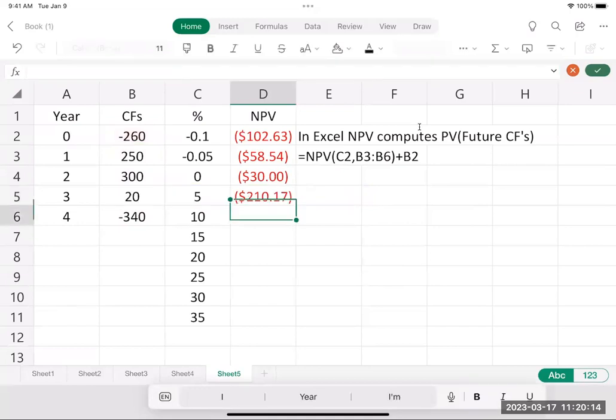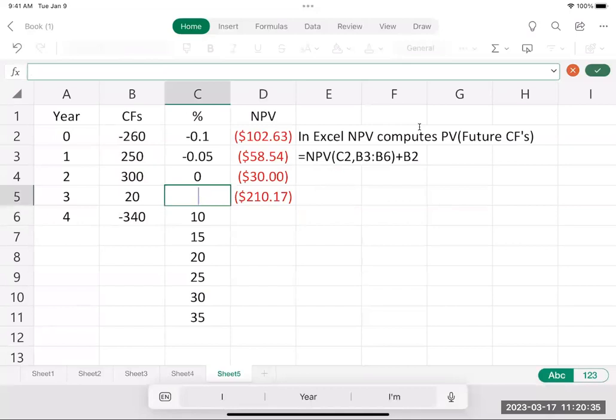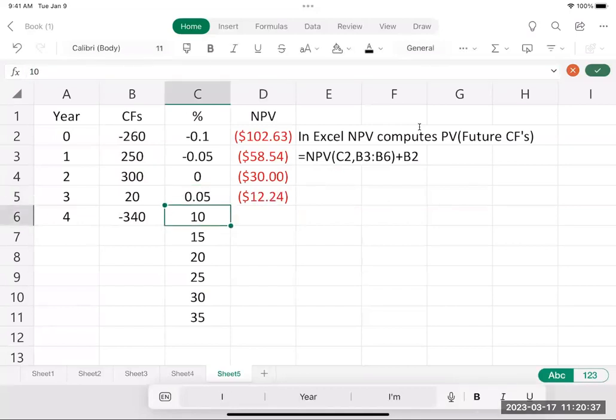And oh, I know. It was working. I just stopped using the decimals. That's what happened. So yeah, you need to use decimals in Excel.